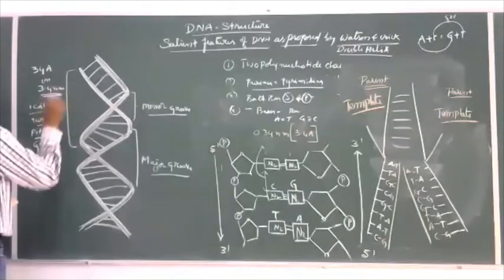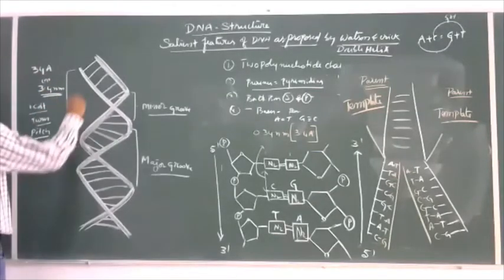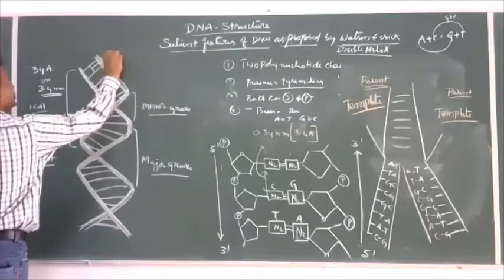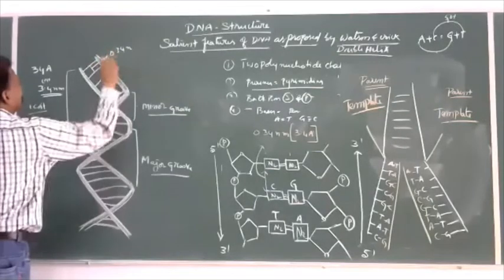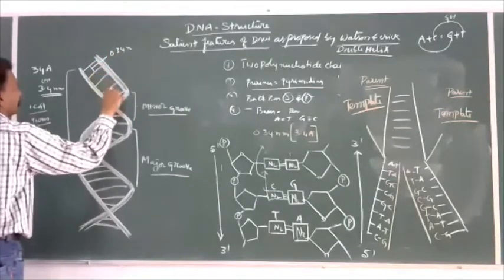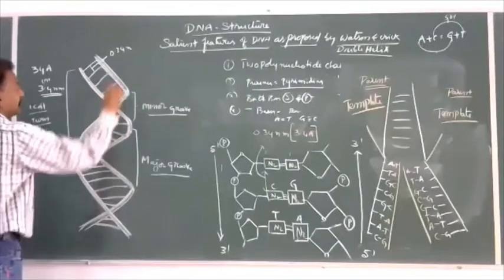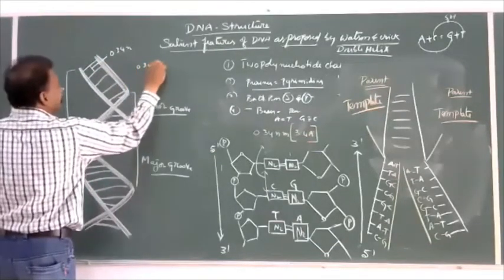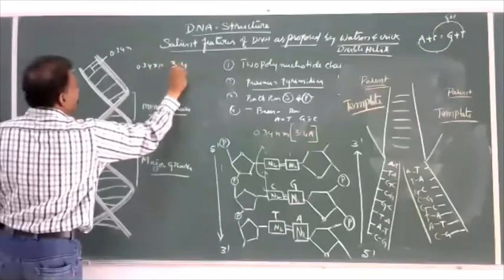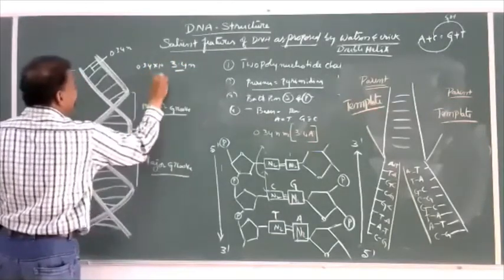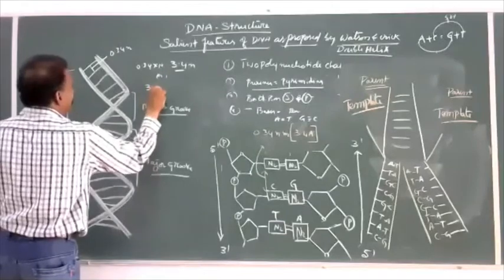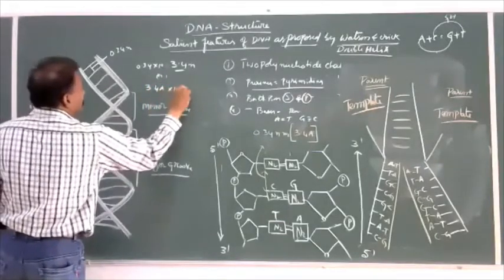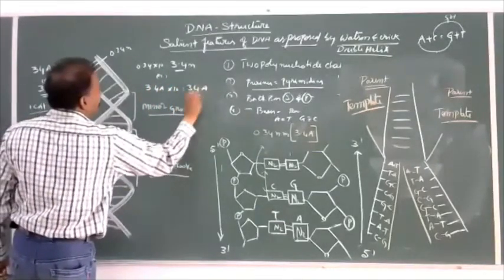Here, at a distance of 0.34 nanometers, 1, 2, 3, 4, 5, 6, 7, 8, 9, 10, approximately 3.4 angstroms into 10, 34 angstroms.